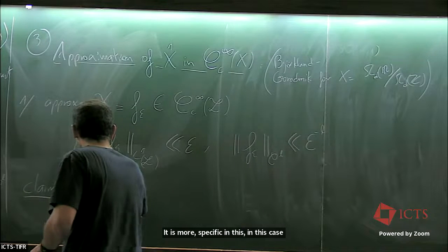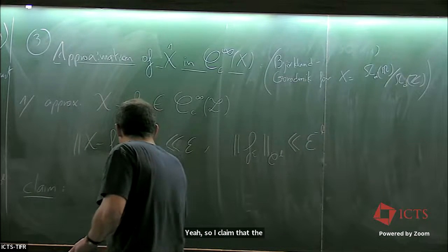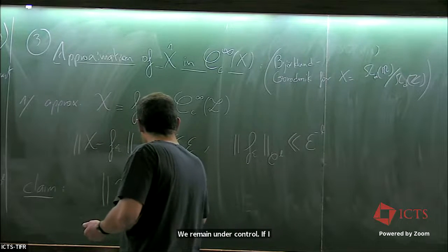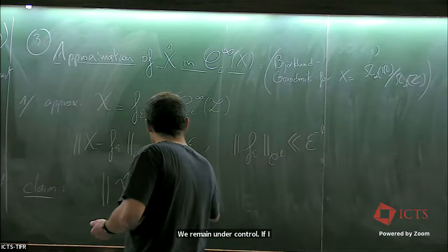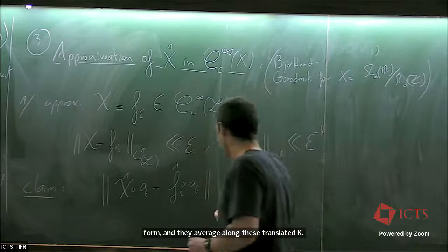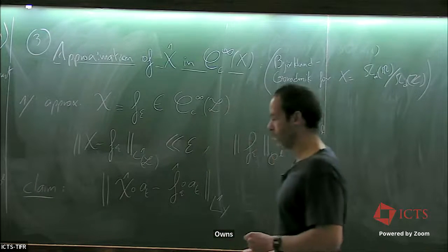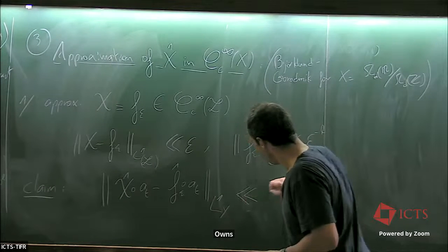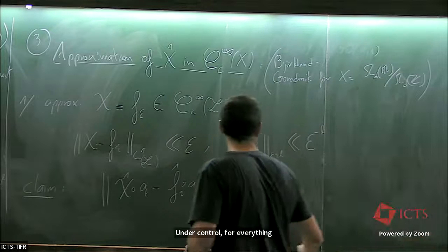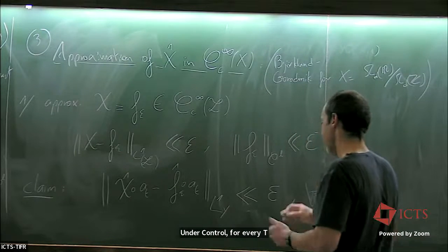I claim that the approximation of the Siegel transform also remains under control if I take the Siegel transform and average along these translated K orbits, for every t large enough.